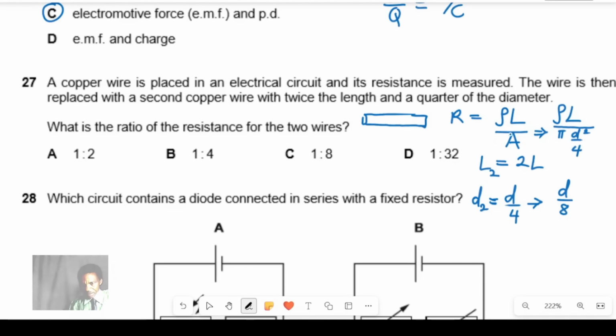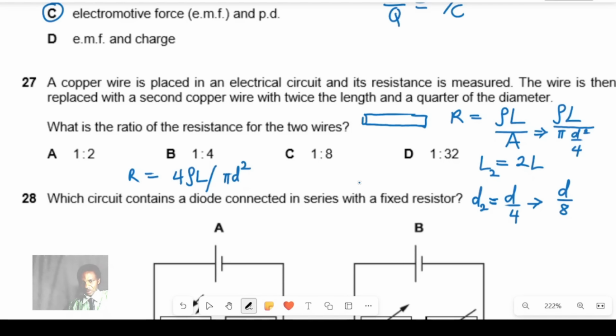So in other words, R1 is going to be 4 rho L over pi d square. So let's get R2. You put this formula in.